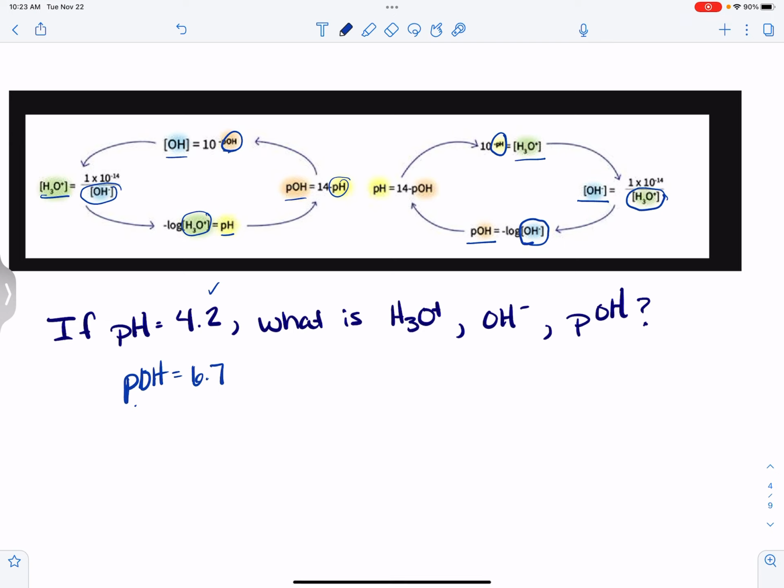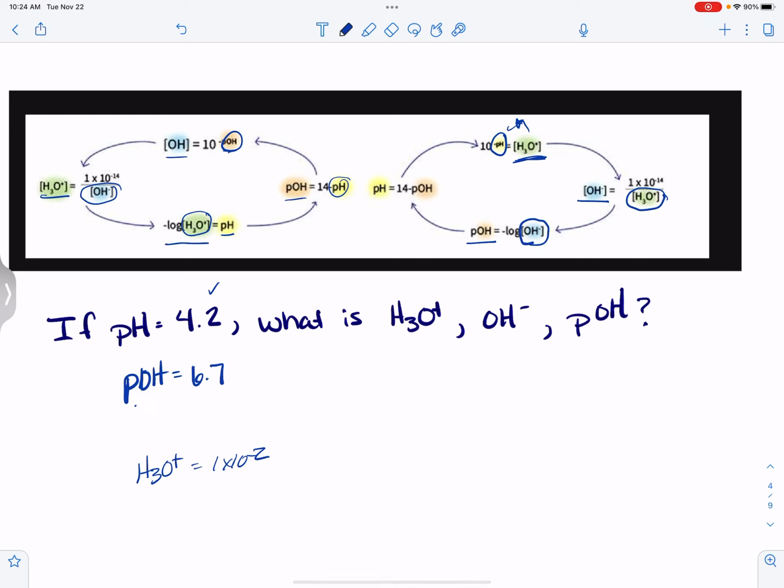But note that if you have pH and you are trying to get to something, either side of these is going to be helpful to you. So if instead of pH you had H3O plus equals 1 times 10 to the minus 2, it's great if you can remember how to get from that solved version.